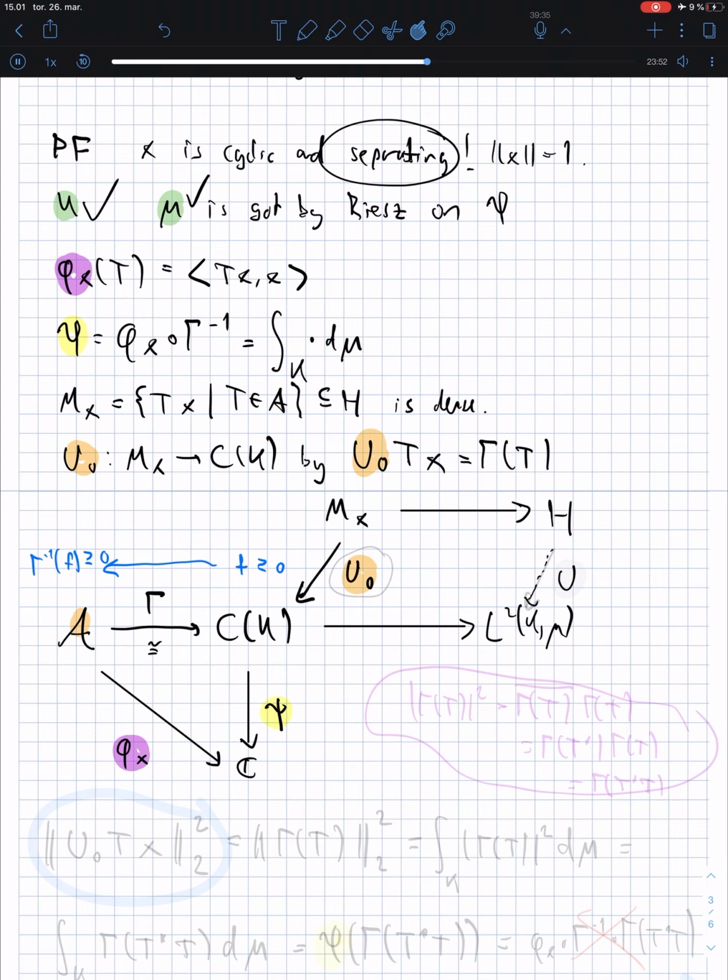Well, it's sort of straightforward what we want to do now, because I have a map u naught which is defined on a dense subset of H, mapping into a dense subset of L2(K, mu).